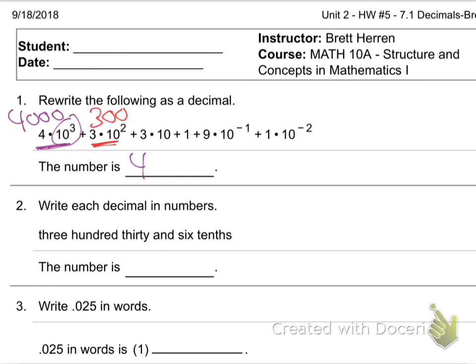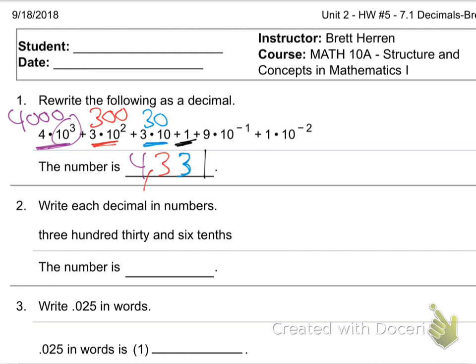Because the 2 is 2 zeros. 4,300. Okay, next. 3 times 10. 30. Next is just a 1, like that.